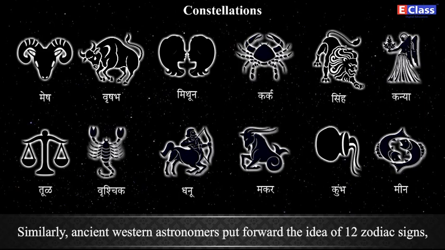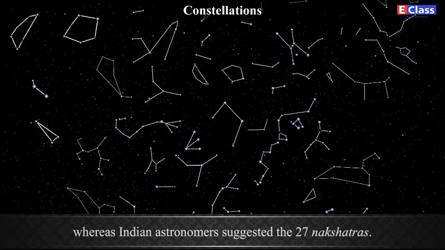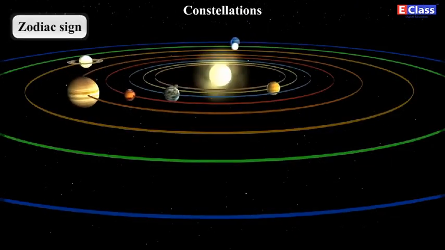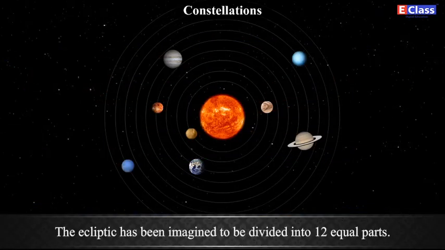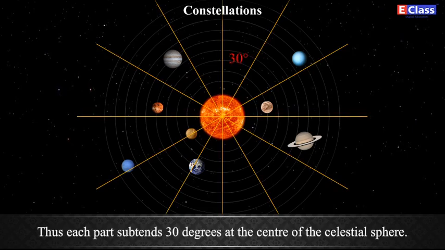Similarly, ancient Western astronomers put forward the idea of 12 zodiac signs, whereas Indian astronomers suggested the 27 nakshatras. Zodiac sign. The ecliptic has been imagined to be divided into 12 equal parts. Thus, each part subtends 30 degrees at the center of the celestial sphere.